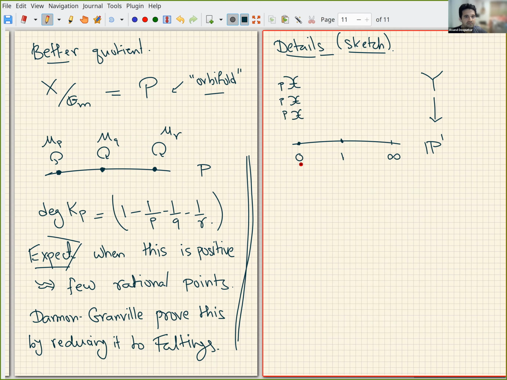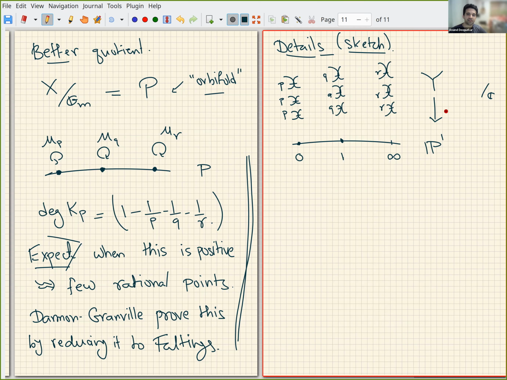So this is happening over C. The monodromy around 0 is a product of p-cycles. The monodromy around 1 is a product of q-cycles. And the monodromy around infinity is a product of r-cycles, and there is nothing else. There are no other ramifications at all.